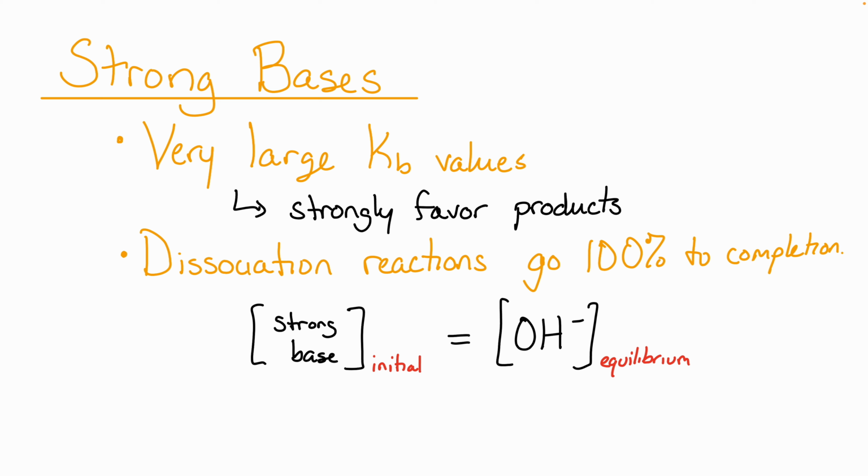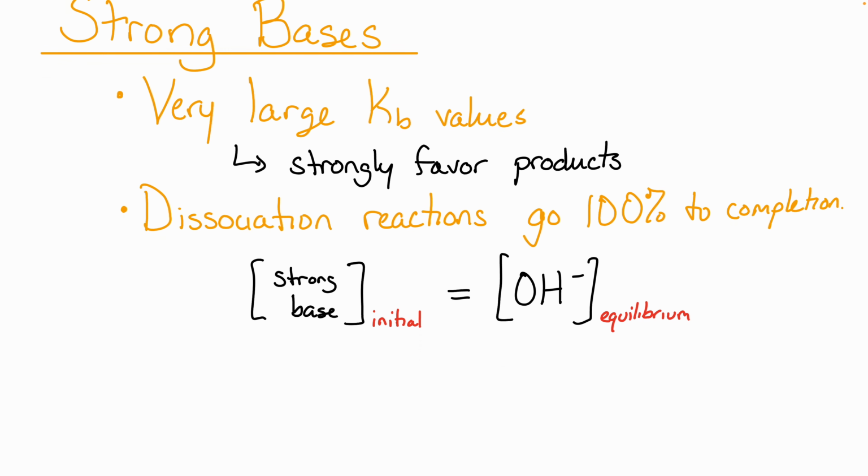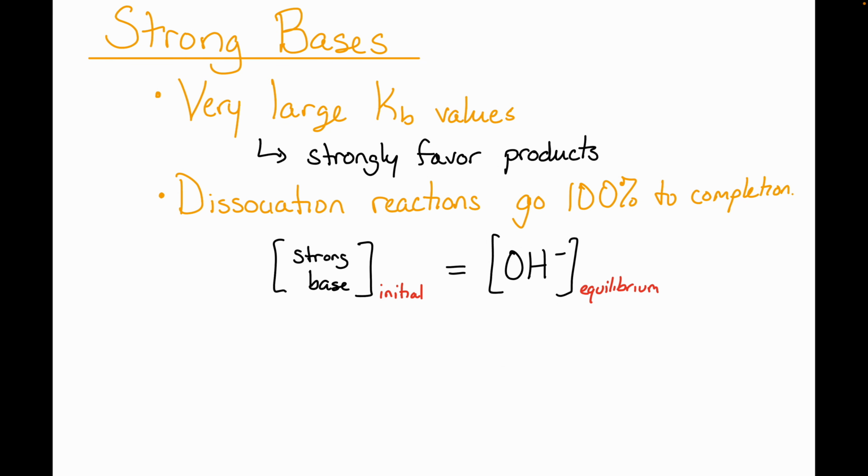Hopefully we can see this is directly analogous to what we had just talked about with our strong acids. The thing about strong bases is, at least for our purposes, they're way easier to spot.